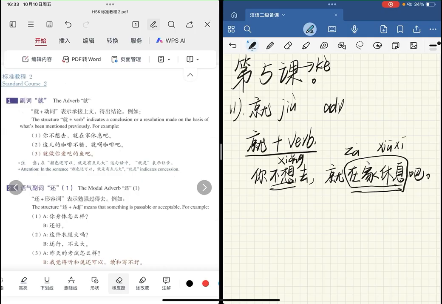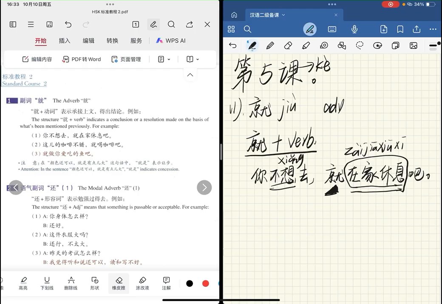在家, stay home or at home. 在家休息。This is the decision we made based on the first sentence, and then we can add 就 to express the logical relationship. Okay, so 你不想去就在家休息吧, then just rest at home.